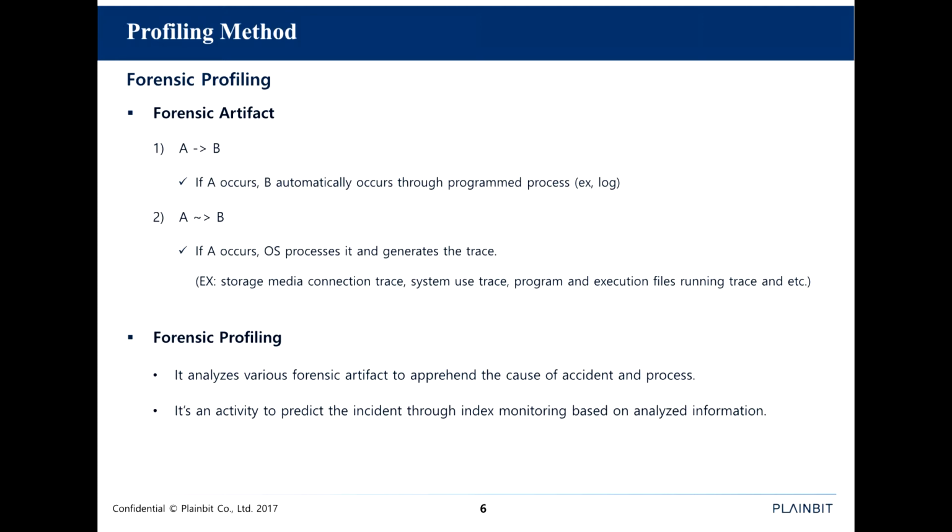In this case, to infer A through B, B must be the only trail generated through A. In other words, if there is a possibility of B coming out through A, the accuracy of reasoning will be lowered. The good news is that a lot of analysts have already done a lot of research on the relevance of the second forensic artifact. We need to think about how to manage and reason for known forensic artifacts.